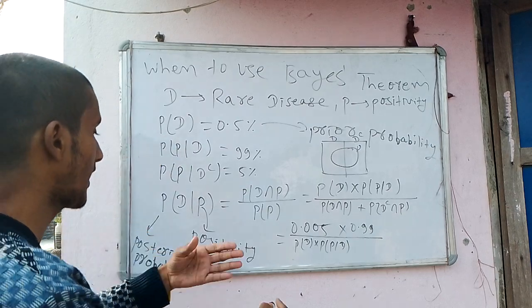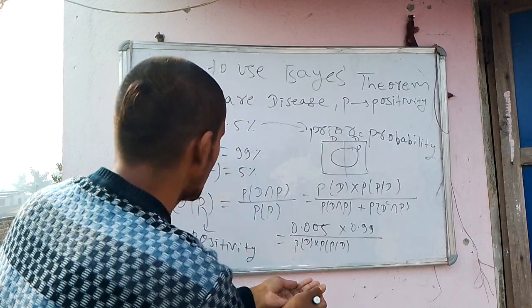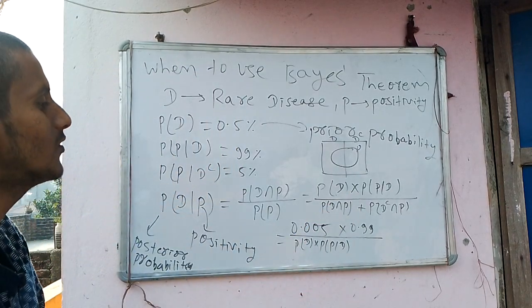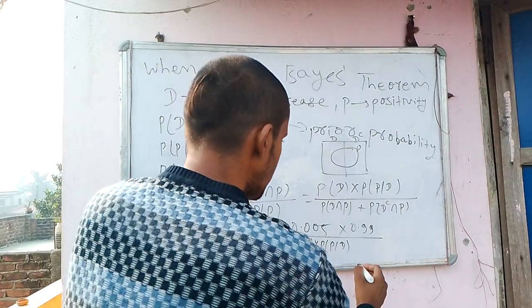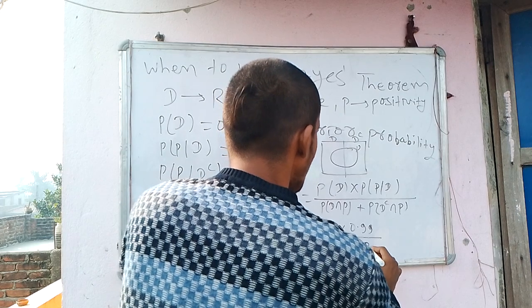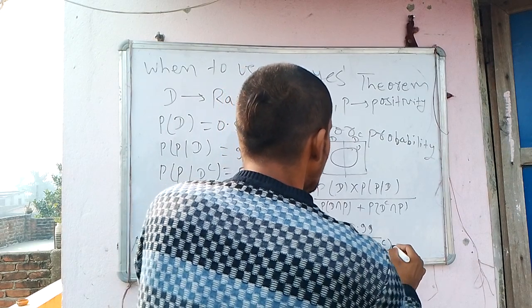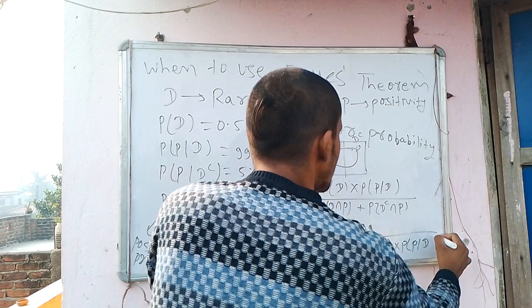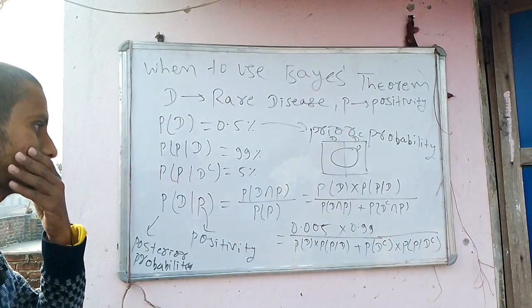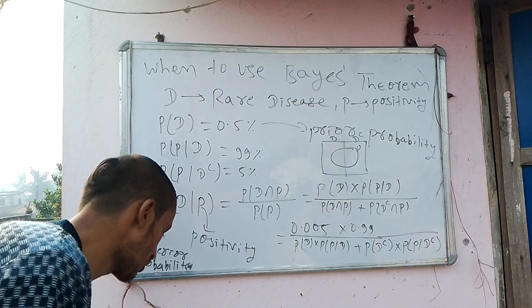You cannot write probability of P times probability of D given P, because D given P is not known. Plus probability of D complement times probability of P given D complement. If you do the calculation, you get your answer.